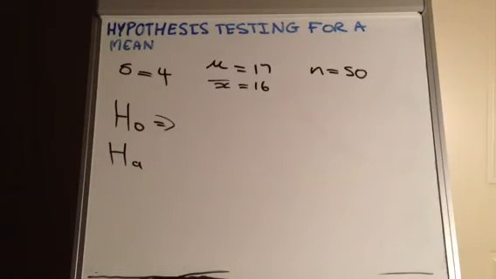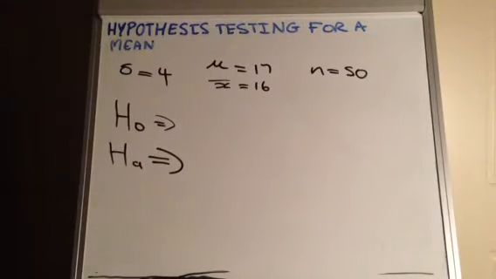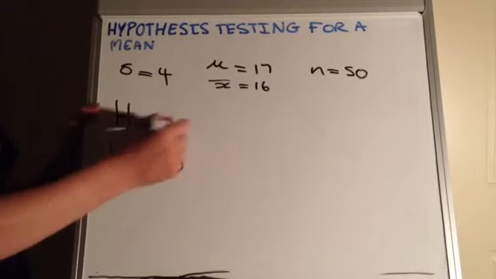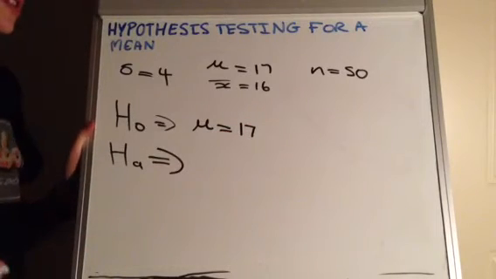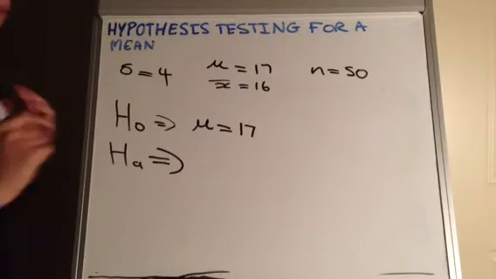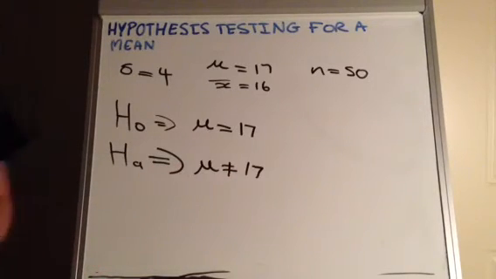So what we do now is we say, well, okay, the null hypothesis is that there is no change, so hence the null hypothesis, or the claim made, is going to be that mu is 17. The alternate hypothesis is that mu is not going to be 17. And again, what we do is we look at the 0.05 significance level to see whether it's very likely or very unlikely for the mu to be 17 or for the mu not to be 17.